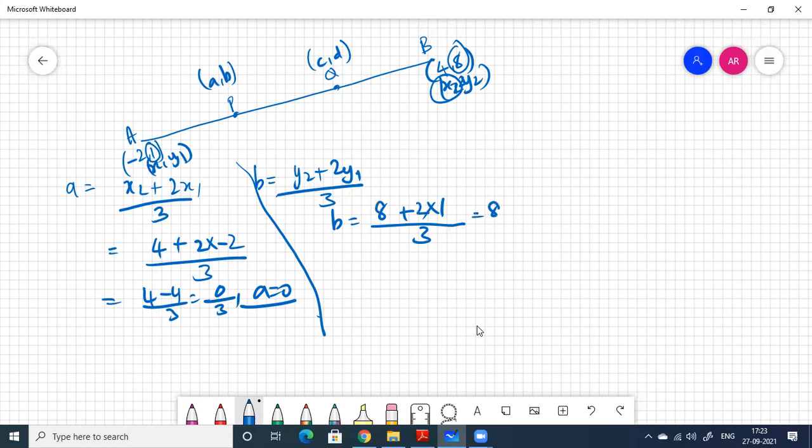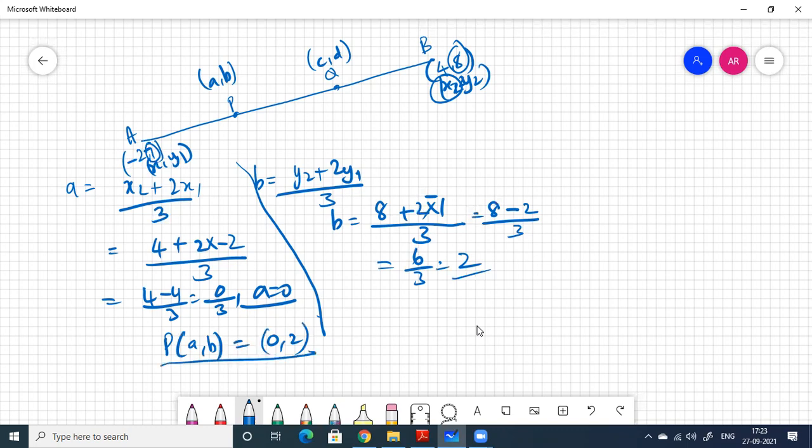So 8 minus 2 by 3 is equal to 6 by 3, which is equal to 2. So the first point P, (A, B), is actually equal to (0, 2).